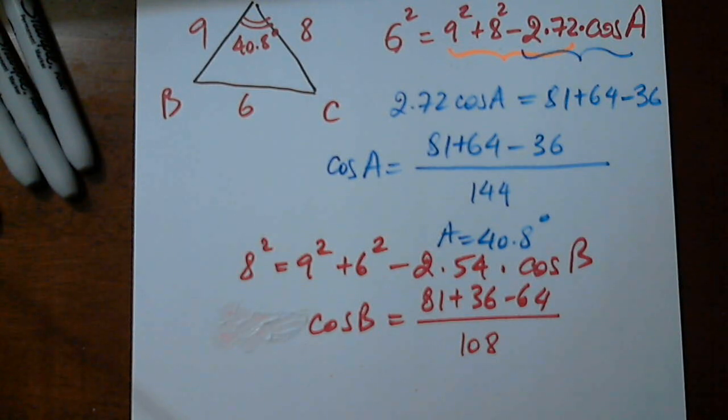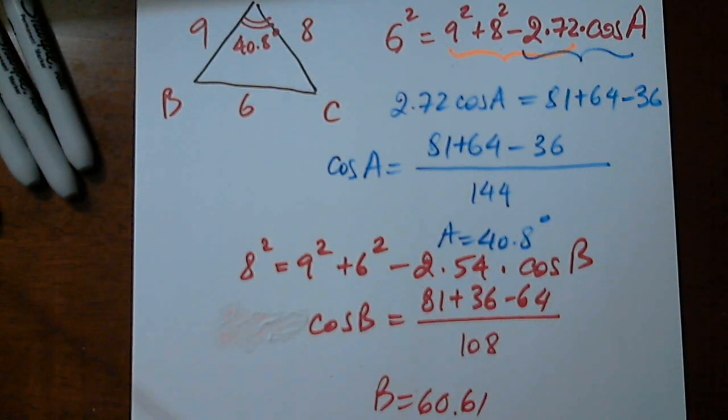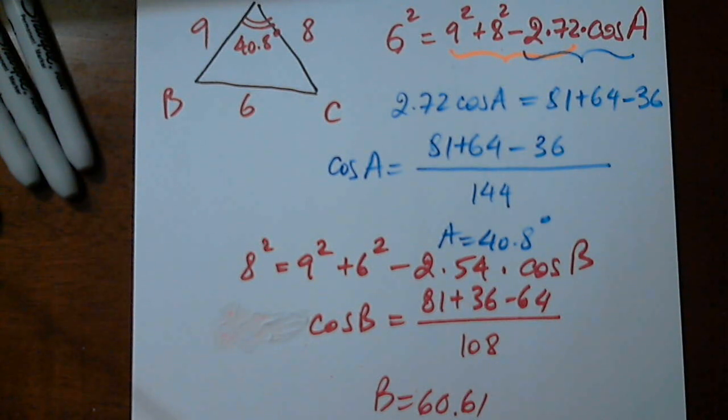I just want second and cosine and the previous answer, close, and this is it, 60.61. So B equals 60.61. Perfect, now I have 180 minus 60.61 and minus that 40.8. Done. The last angle, which is C, is 78.59 degrees.